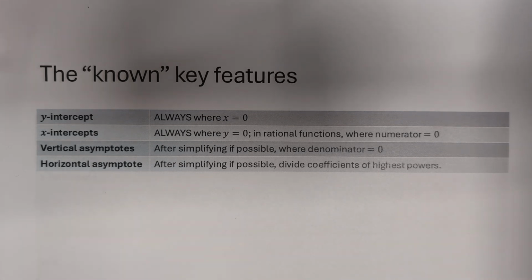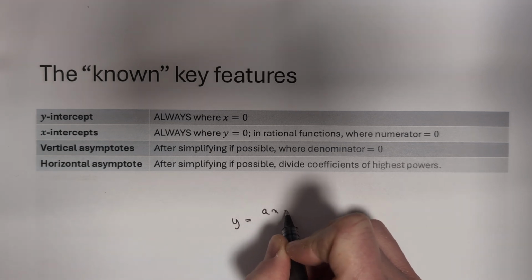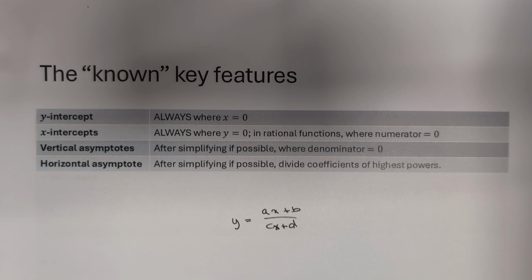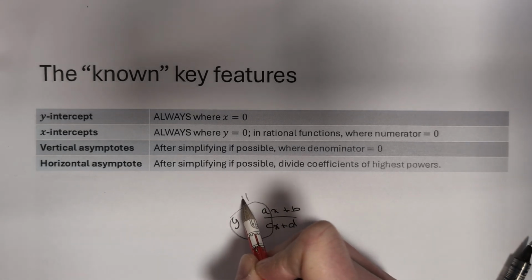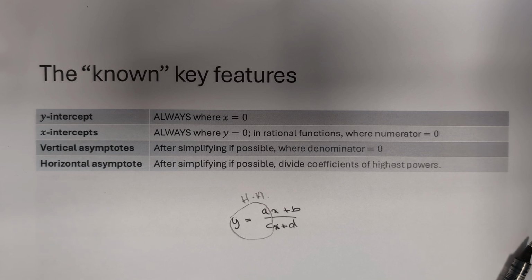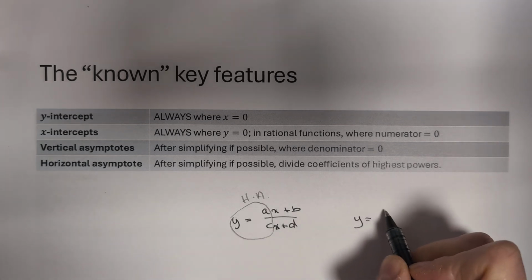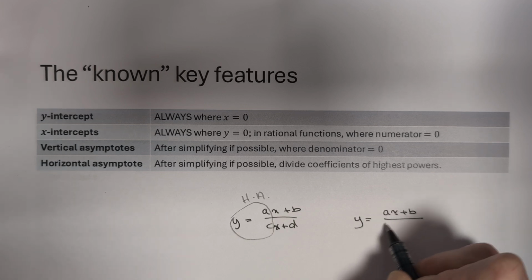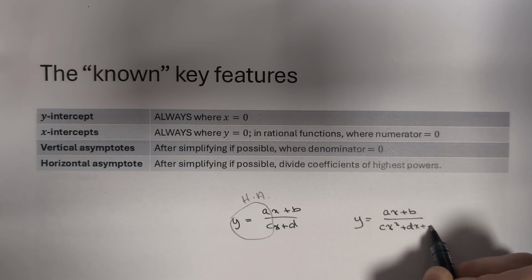We saw that in the simple ones, if we have ax plus b over cx plus d, we could say that the horizontal asymptote was at y equals a over c. And what I mean in this particular case is if, say, we have something like 2x plus b over cx squared plus dx plus e.